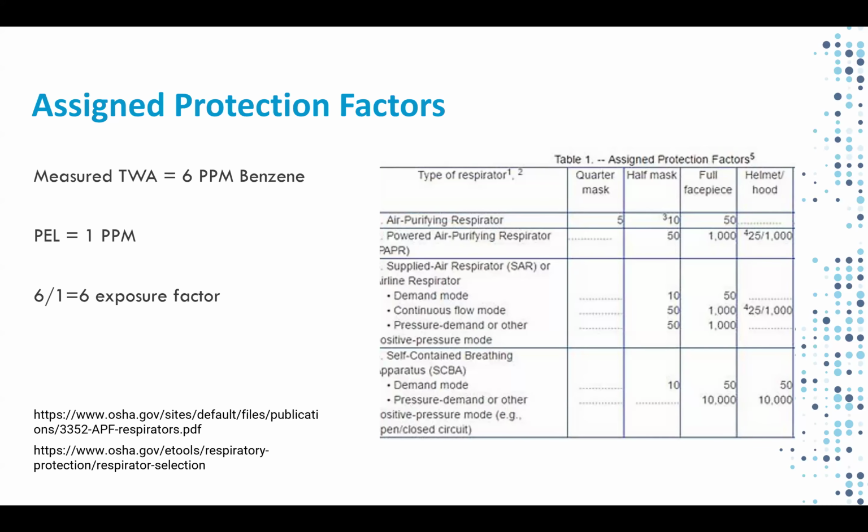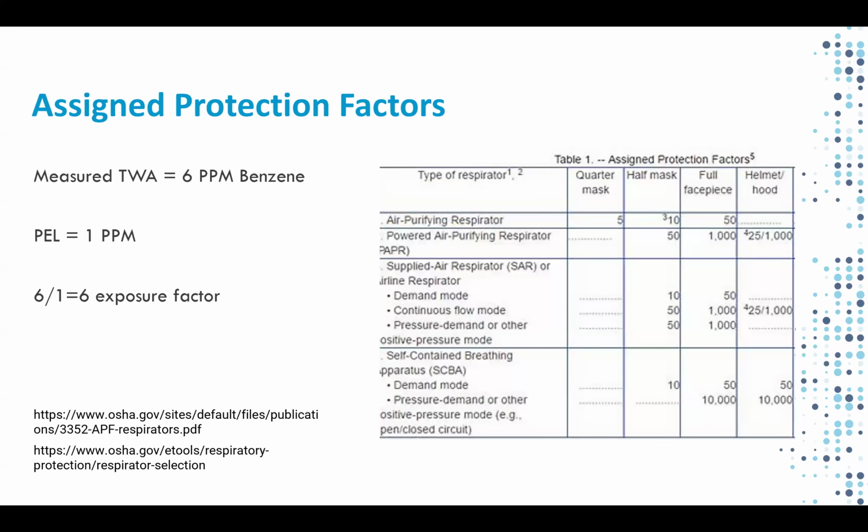So what you do is take that measured time-weighted average of the 6 parts per million and divide it by that occupational exposure limit that you're referencing, which is the OSHA permissible exposure limit of 1 part per million, and that's going to give you a 6 for the exposure factor. So now you want to make sure that you use a respirator that has an assigned protection factor of at least 6. And so in OSHA's chart, that's going to be the 10 or above.